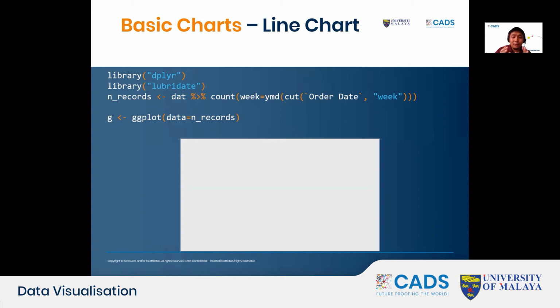But if you are using R, you have to take control of aggregating, calculating the data first before you feed it into your visual. So in this case, we are creating another data frame called N records, and then this new data frame is fed into our canvas.